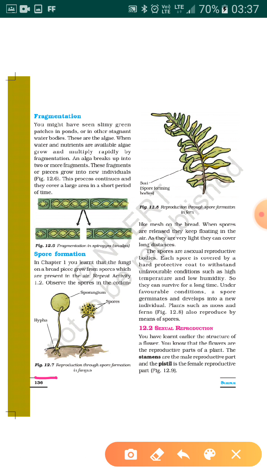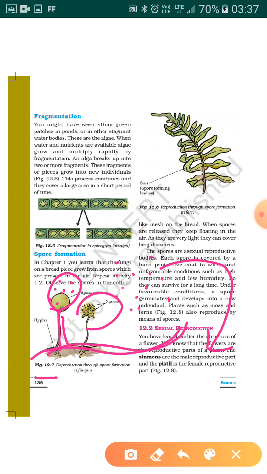Here you can find such thread-like structures called hypha, and these ball-like structures called sporangium. Inside these sporangium many spores are present. The moment these sporangium mature, they burst and release spores into the atmosphere. Whenever these spores released into the atmosphere get the favorable, friendly conditions, they will grow.